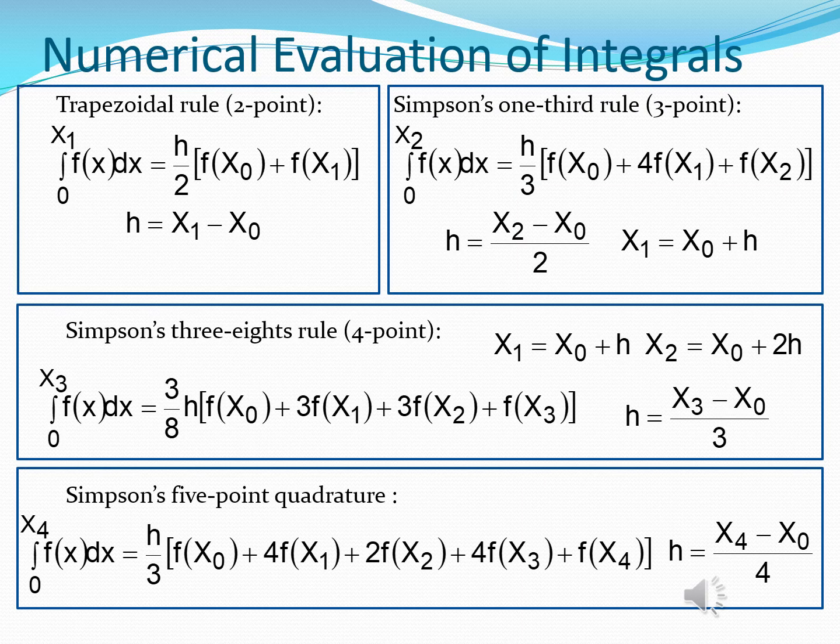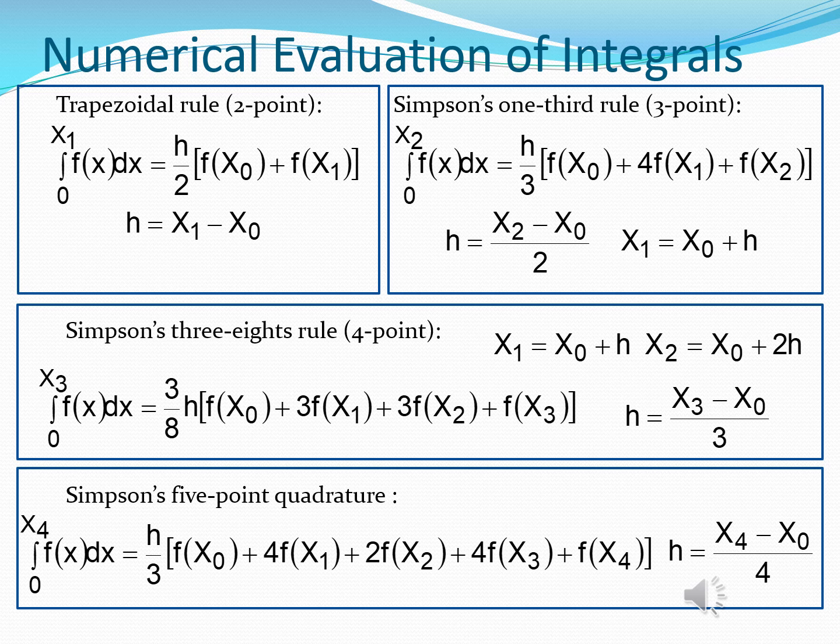You can also solve by the numerical methods using different rules, like the trapezoidal rule, which is the 2-point rule, Simpson's 1/3 rule, the 3-point rule, Simpson's 3/8 rule, the 4-point rule, and Simpson's 5-point quadrature rule. I suggest you use these. They are numerical methods where you directly put the values in the formula and calculate the value of the function. For example, take Simpson's 1/3 rule, the second one from the top right side.